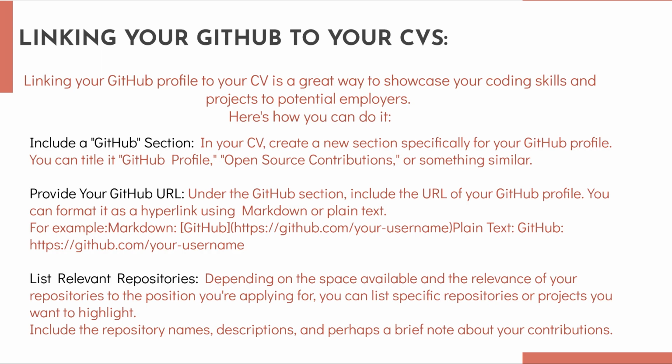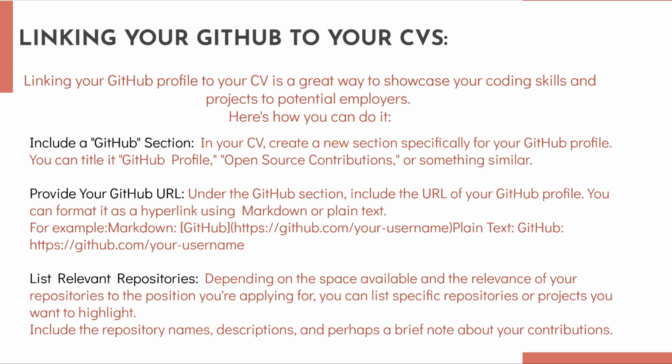To link your GitHub to your CV, you can create a dedicated section in your CV where you'll showcase your GitHub profile. You can add GitHub URL, that is, in the provided section, include the URL of your GitHub profile, which should be github.com slash your username.